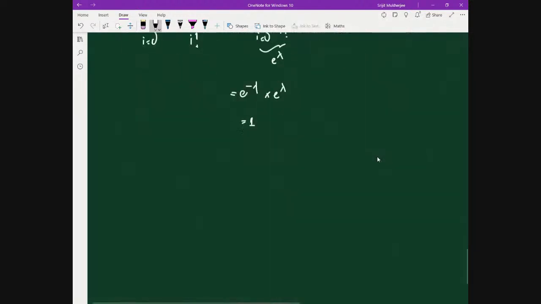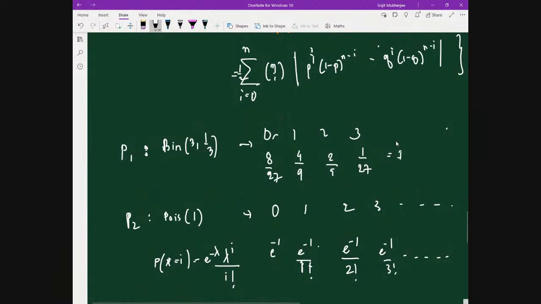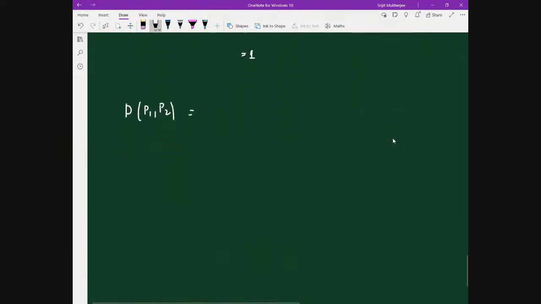So let's calculate the distance, guys. The distance between P1 and P2 is therefore what? Understand, for all numbers greater than 3, binomial will be 0. So half into the summation of n equal to 0 to infinity of P1 minus P2.